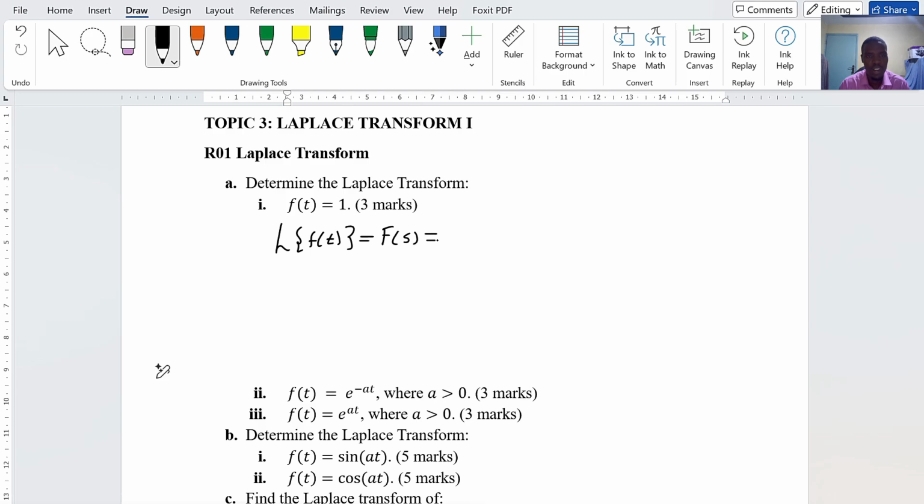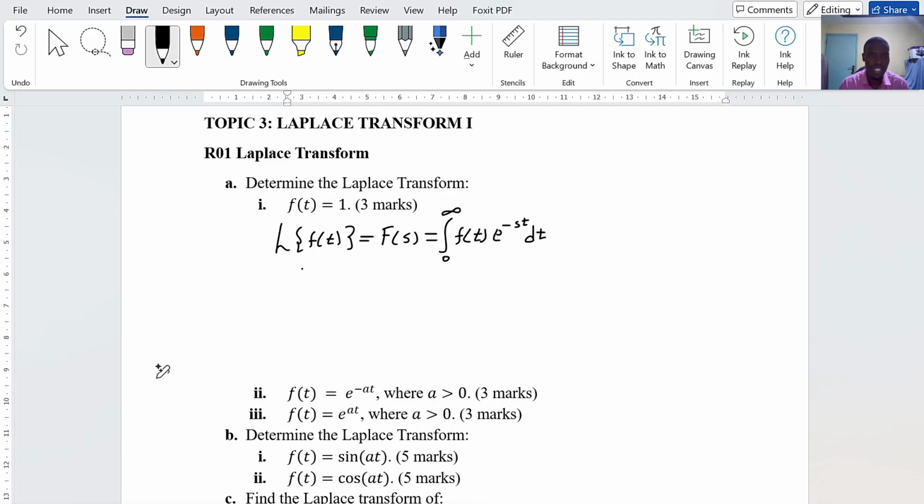So it transforms a function of time to a function of a complex variable. Now this is found by the integral from 0 to infinity of f of t, our function, times e to the negative st dt. Good. Now we have that.